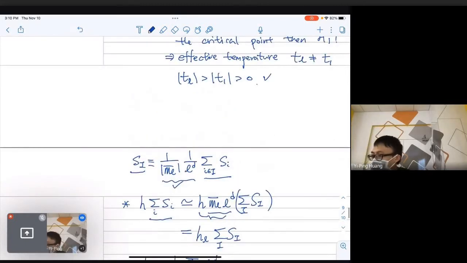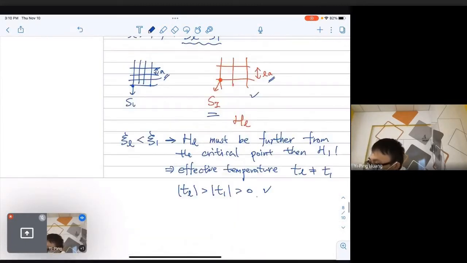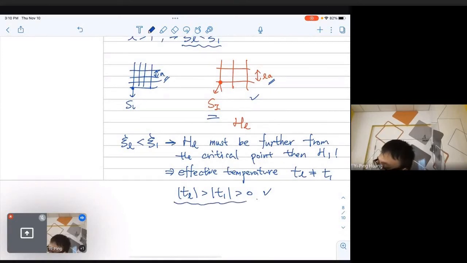But before we do that, I'll try to give you some flavor of why this RG is going to be useful. Once you do this block spin, it means that your temperature is getting a little bit away from the critical temperature. And what does that mean? It means that your correlation length is actually getting shorter.